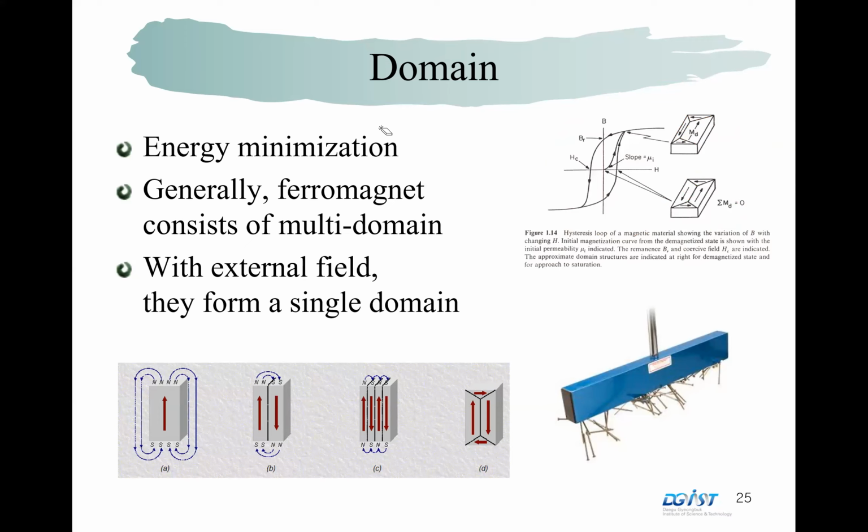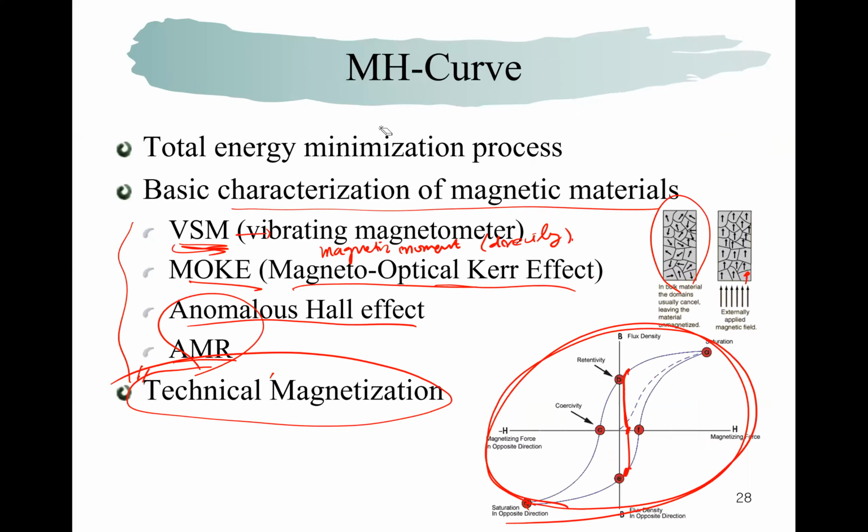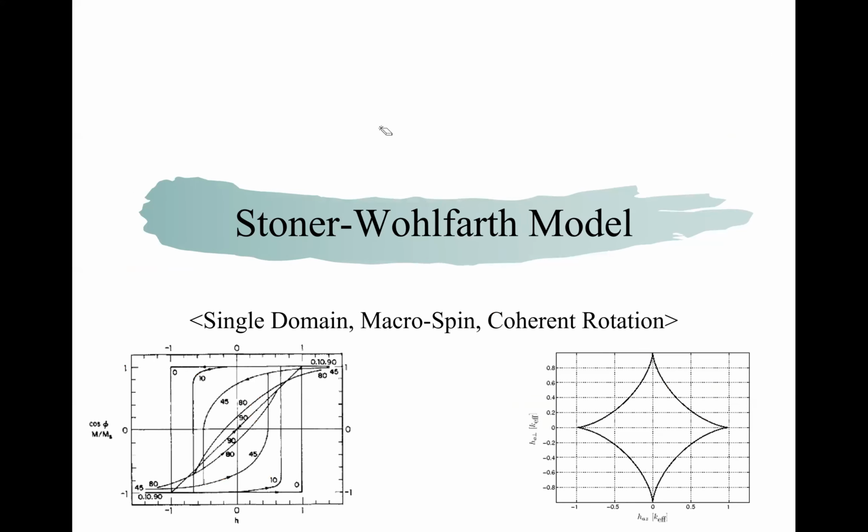Okay. So now let's go back to the most simple case. We consider only a single domain, meaning all the sample magnetization is always pointing in the same direction. So this is only a single domain. In other words, the macrospin, meaning all spins behave as a macroscopic spin.